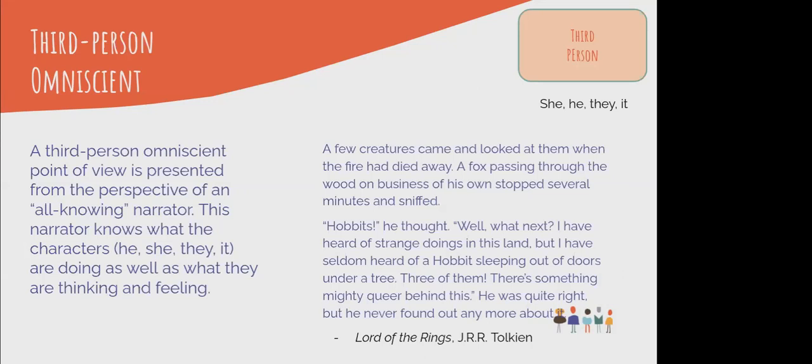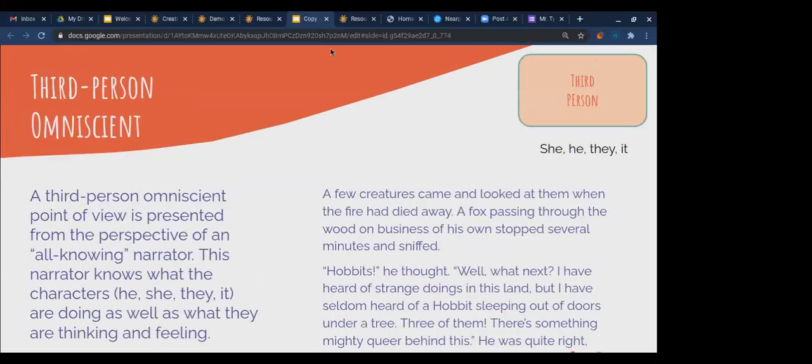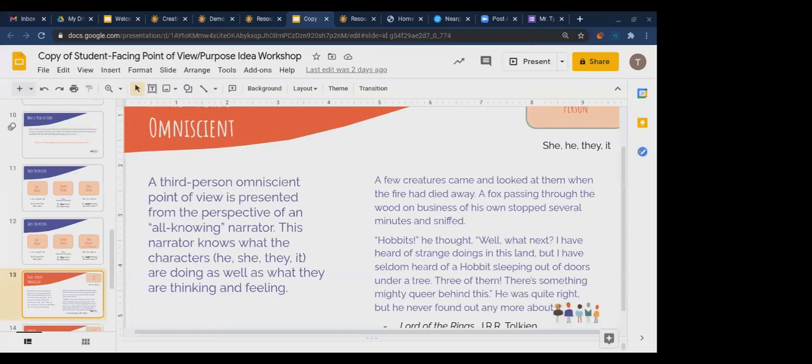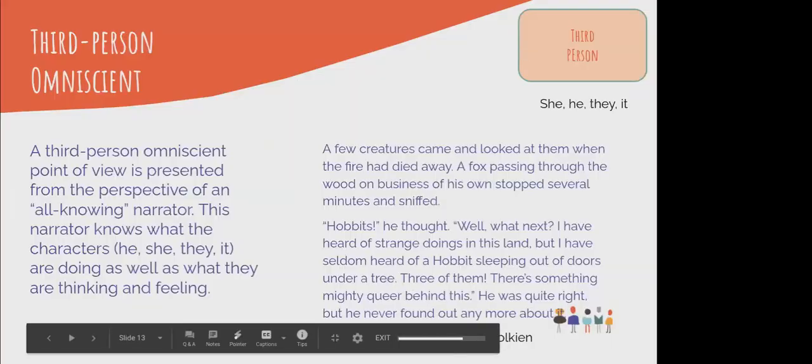This narrator knows what the characters, and again, we're using the pronouns he, she, they, it, what they are. Right? So we know what those characters are doing as well as what they are thinking and feeling, right?